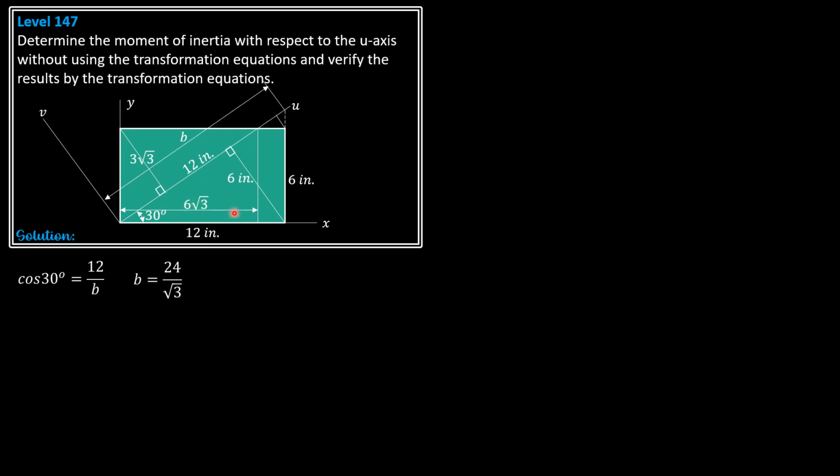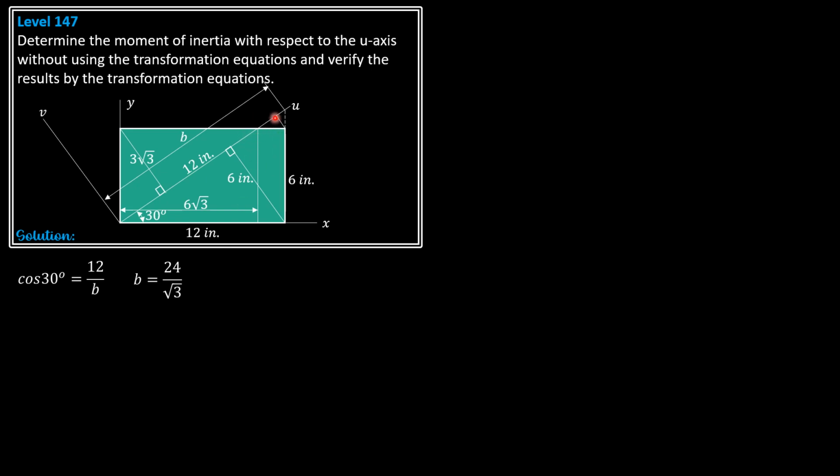If that is 6 square root of 3 inches, then the hypotenuse of this small right triangle here is equal to 12 inches minus 6 square root of 3. Since this is 30 degrees, quantity 12 minus 6 square root of 3 times sine 30 is quantity 12 minus 6 square root of 3 multiplied by 0.5.